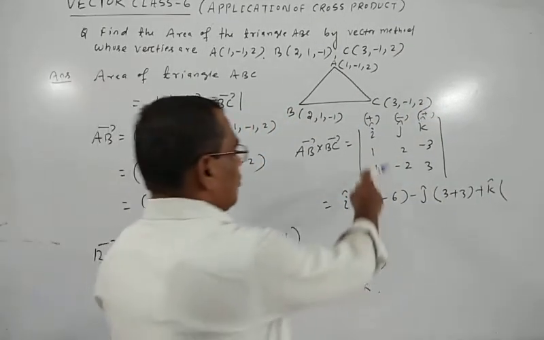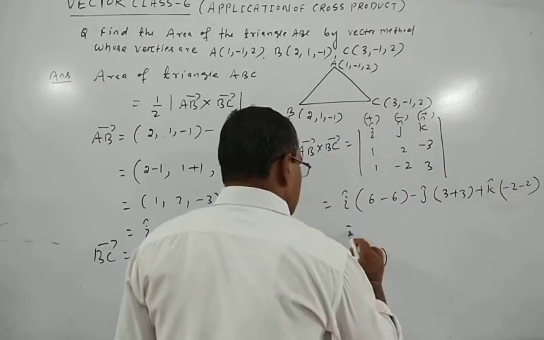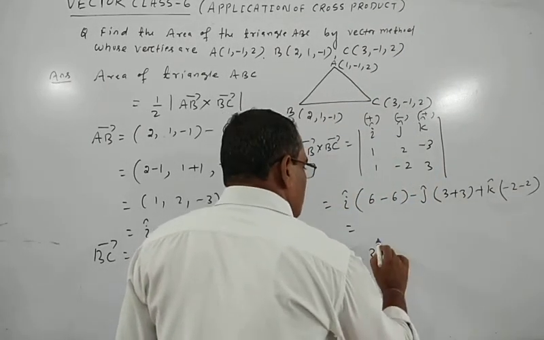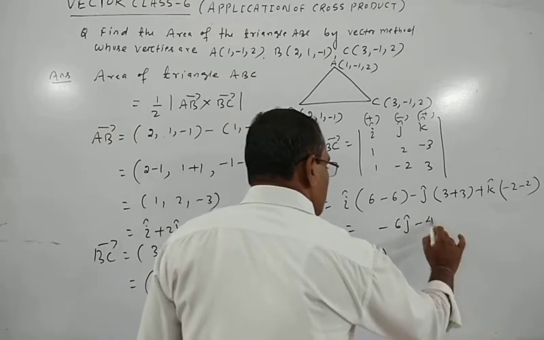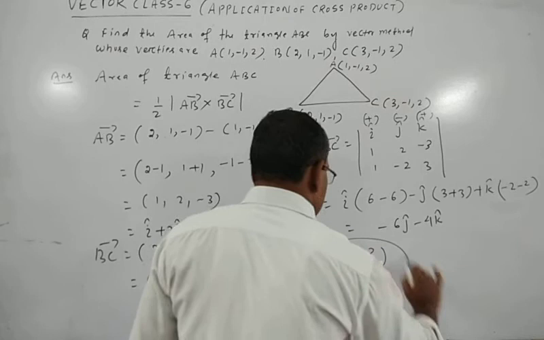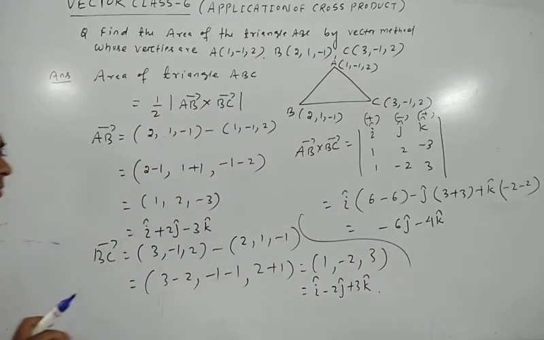Then 1 into minus 2, minus 2, minus 2. Okay, so this is equal to 6 minus 6, 0. So 0 i cap, here minus 6 j cap and minus 4 k cap. So AB vector cross BC vector is equal to minus 6j cap minus 4k cap.